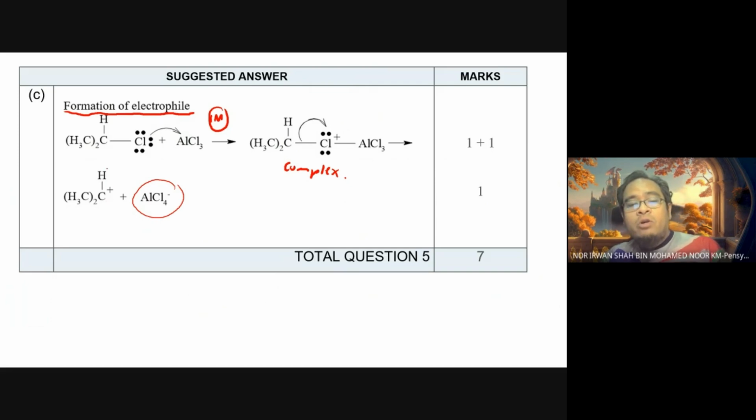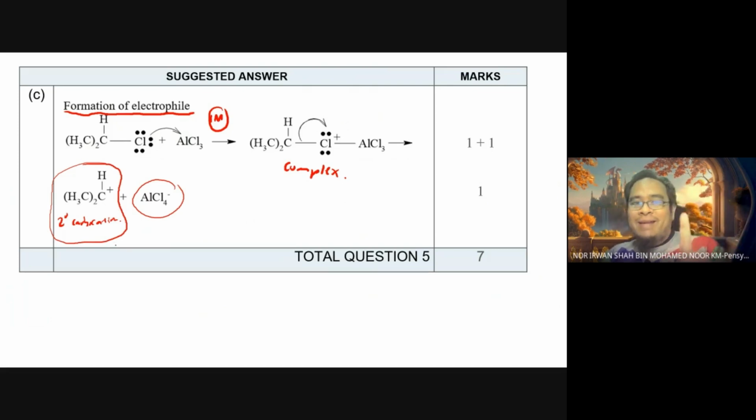And what do we call positively charged carbon? So kita akan dapat apa ni? Inilah dia what we call as secondary carbocation. Jadi dalam this case guys, inilah electrophile dalam reaction ni.